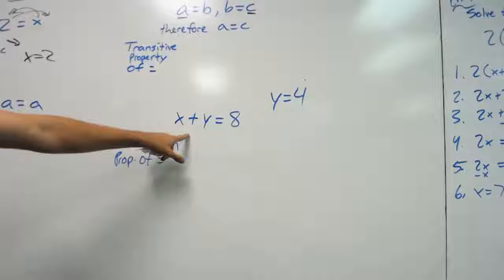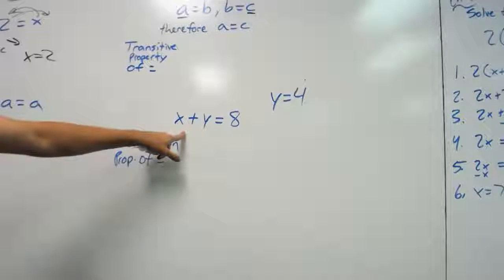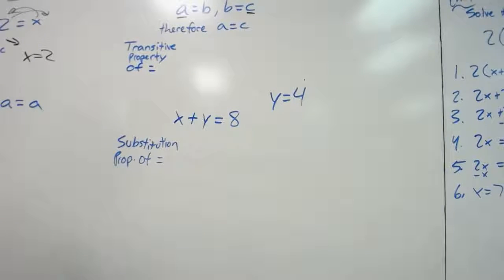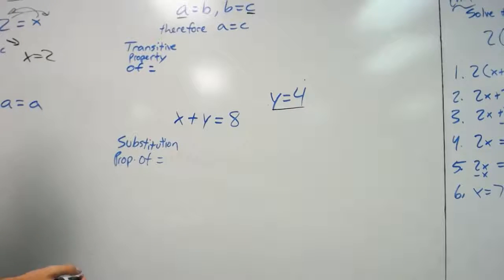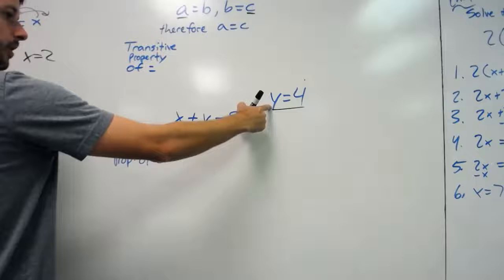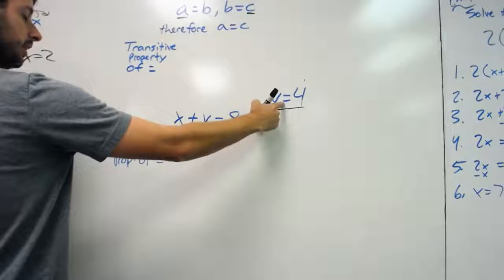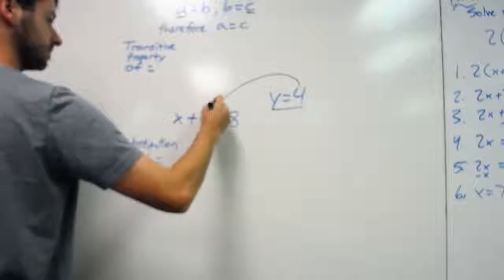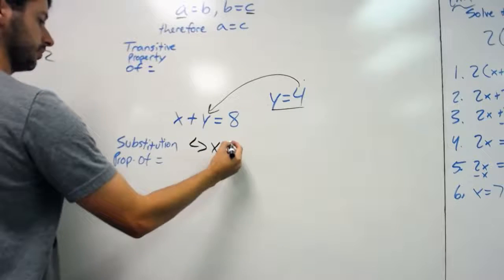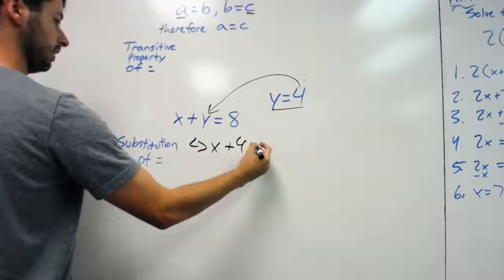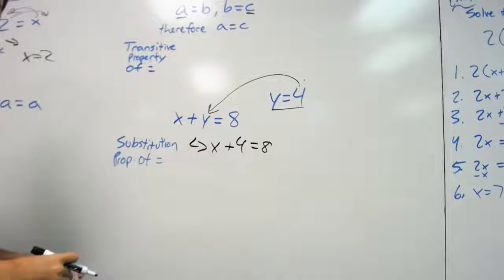So we have a problem of x plus y equals 8. But we are given that y equals 4. Well, if we know what y is equal to, then we can take what it's equal to and substitute it in for y. So then it would become x plus 4 equals 8, and you could solve.